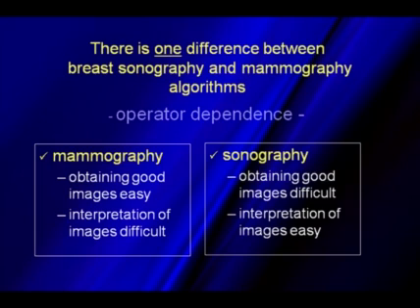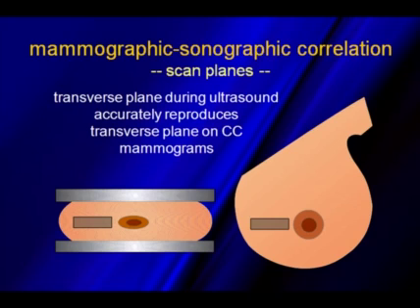Knowing exactly how much pressure, getting the right angle, making sure that you're directly over the lesion, that you're not creating something. Once you get the good picture, making the diagnosis is fairly easy, but being able to find the lesion and get the good pictures of it on ultrasound is actually what is more difficult. When we look at mammographic-sonographic correlation, we compare our scan planes.